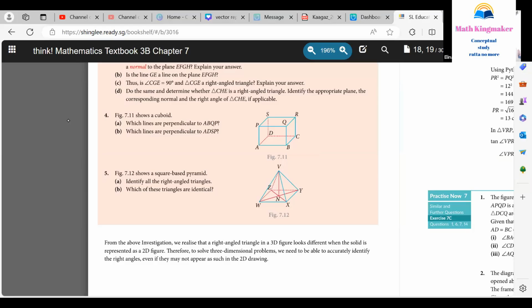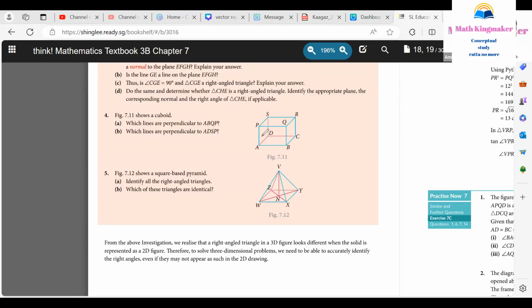So AP, which is normal? Is AD perpendicular to this plane they're talking about?